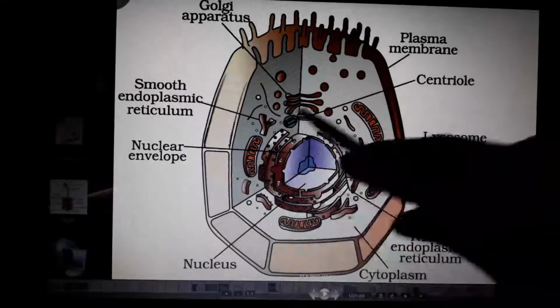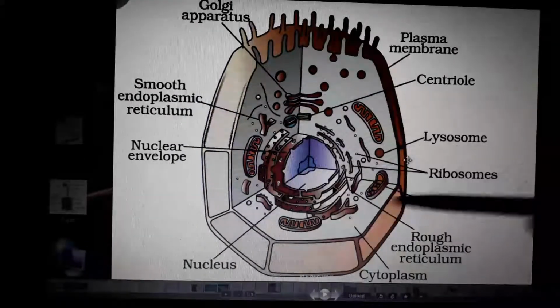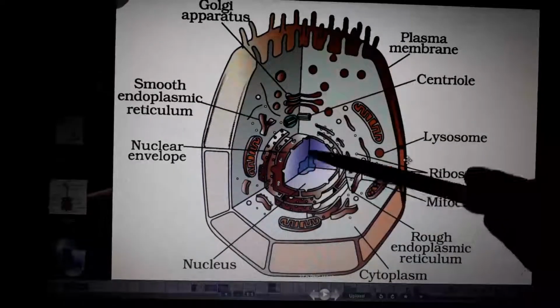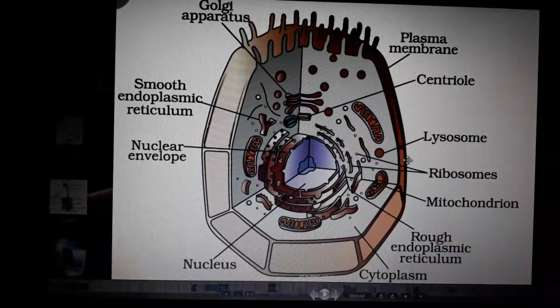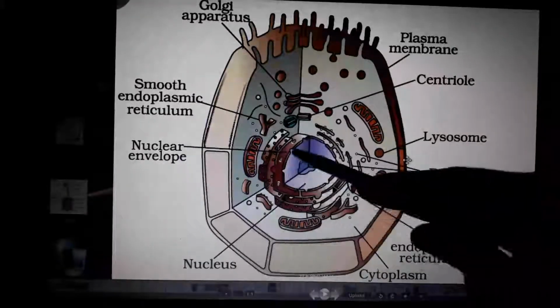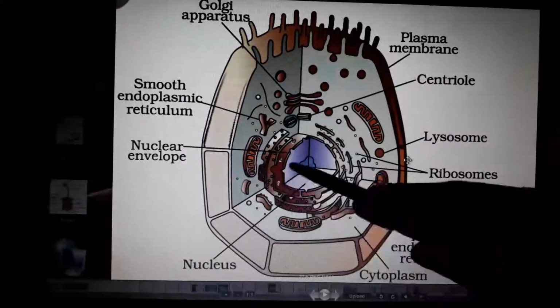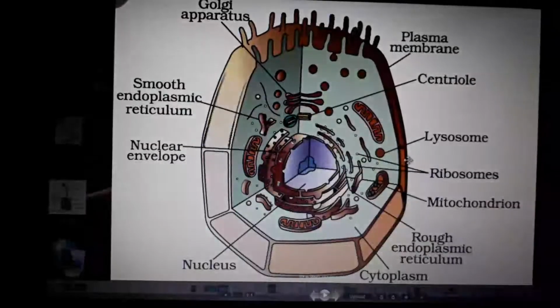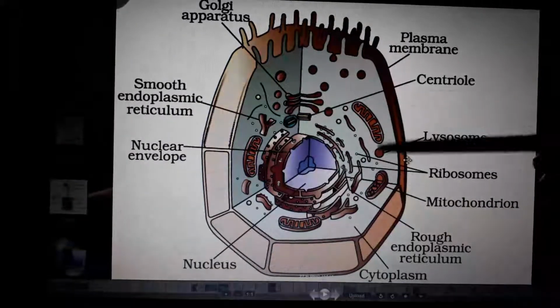Nuclear envelope covers and protects the nucleus, and also allows the transfer of different chemicals into and outside the nucleus. Smooth endoplasmic reticulum produces what? Fat. And the Golgi apparatus stores a lot of chemicals which synthesize the lysosomes.